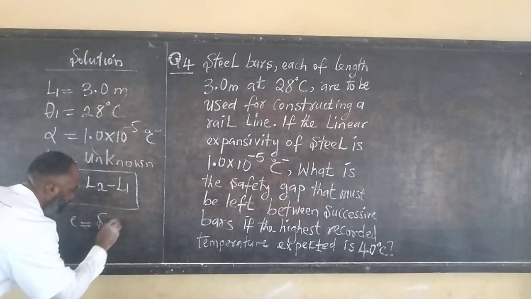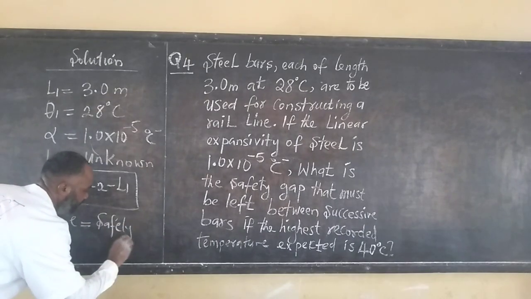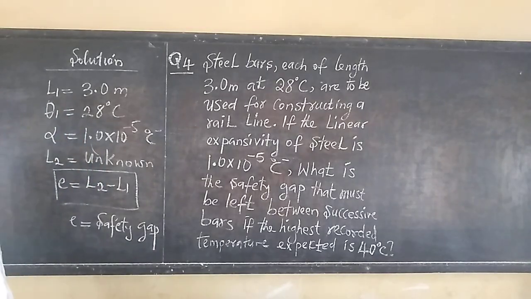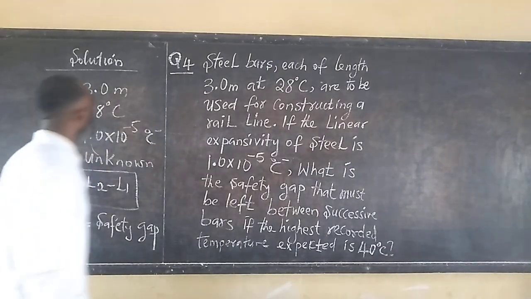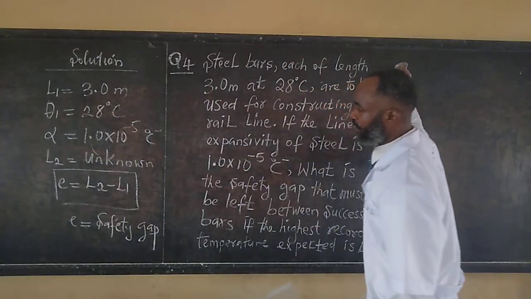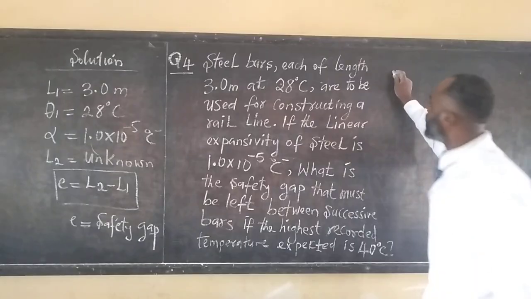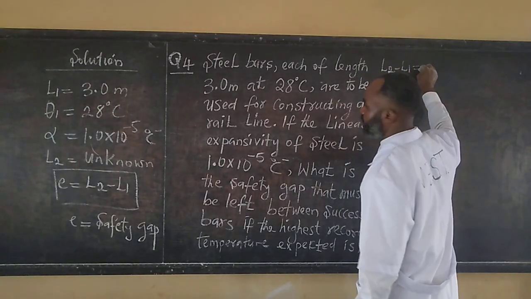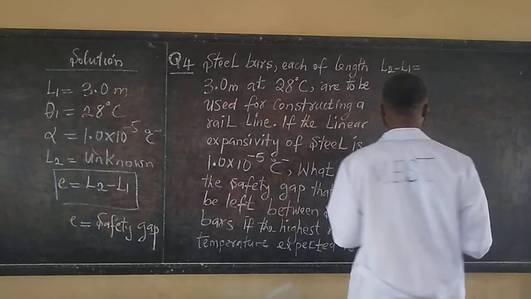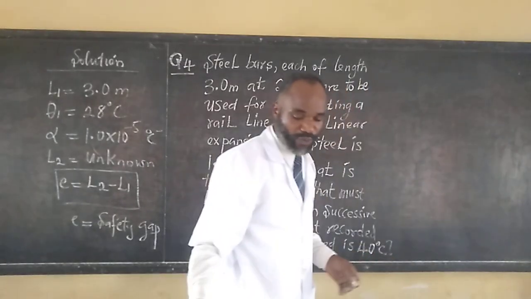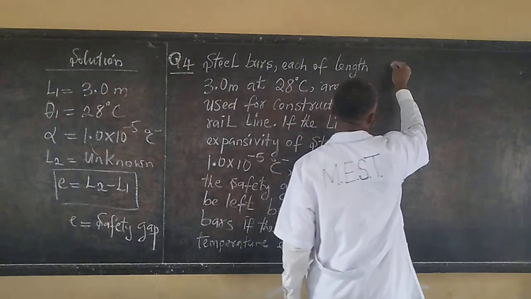This is the safety gap that we're looking for. So let's go to work now. What we're looking for is L2. From our formula, I think the first thing to do is to state the formula, and then from there we make L2 minus L1 the subject.